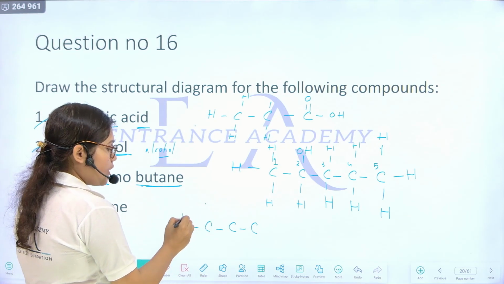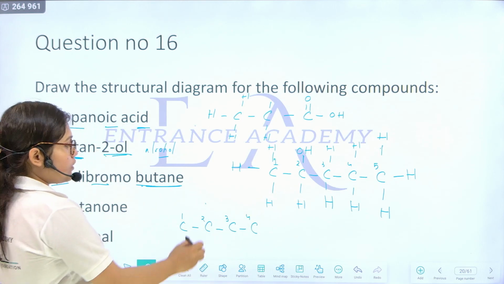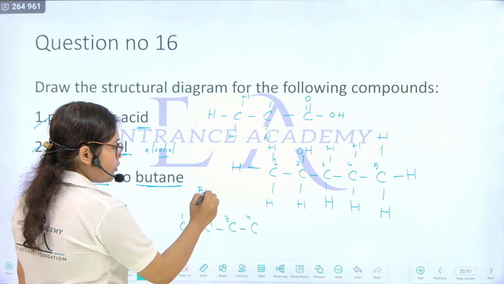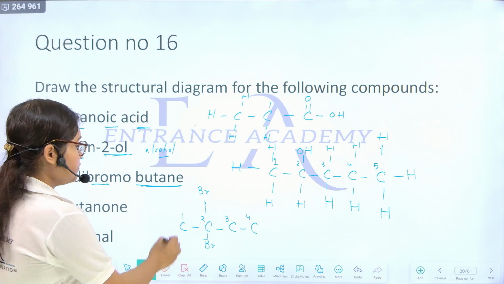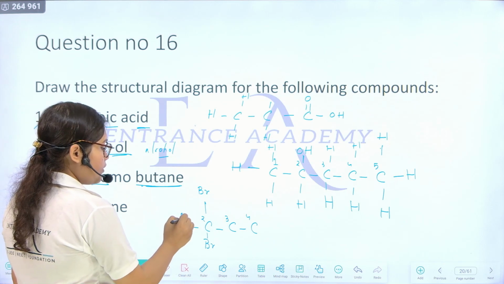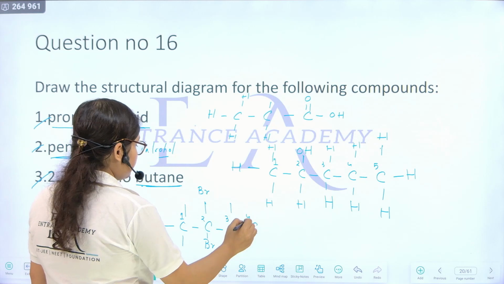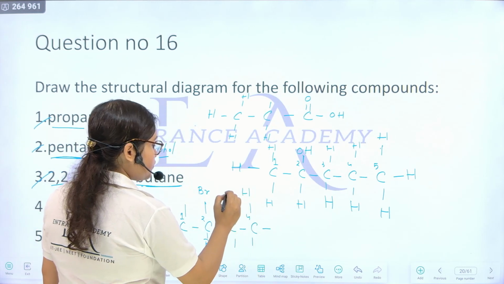So if 1, 2, 3, 4, place those bromine at the second number of carbon, that is this bromine, and rest are hydrogen.